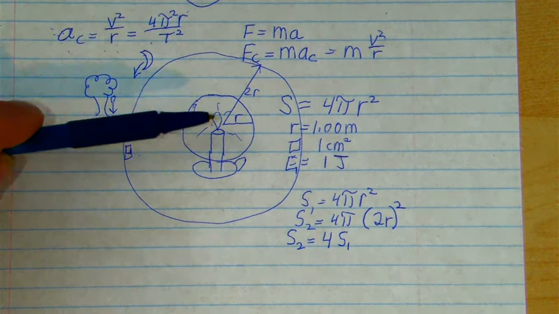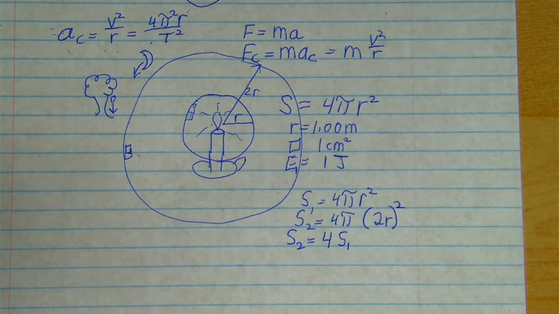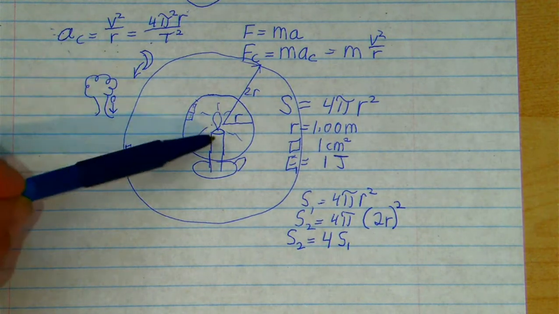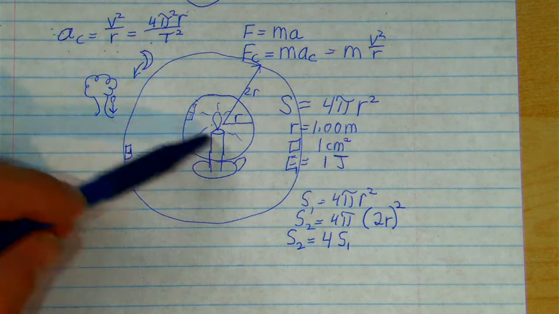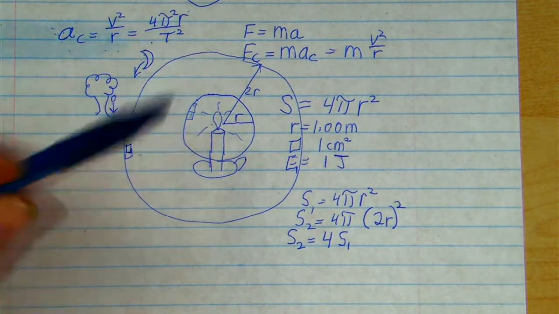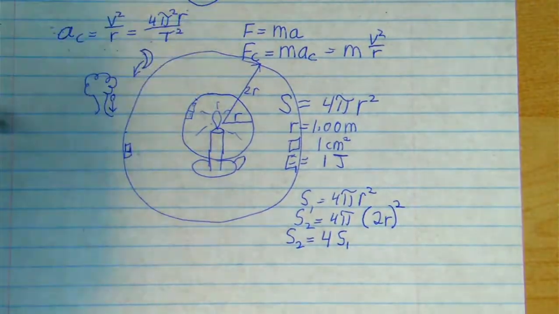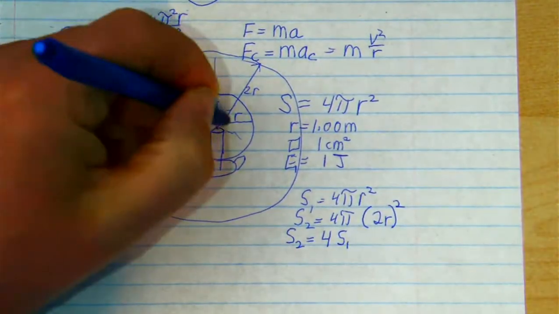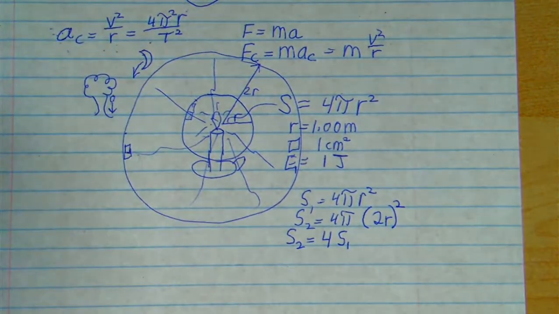It's still just one candle in the center of the sphere. And the candle isn't any brighter than it was for the first sphere, and it's not any dimmer, I should be careful on my wording, than it was for the first sphere. What I'm trying to say is it's still putting out the same total amount of energy that it was putting out before, but now it just travels a greater distance before it's collected.